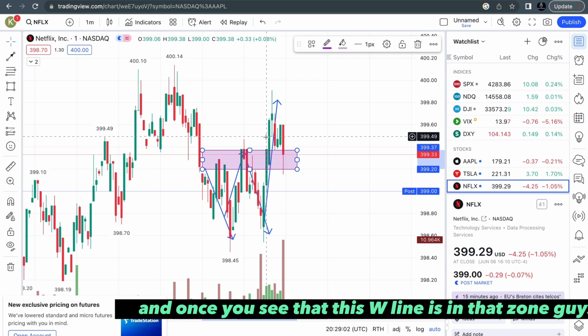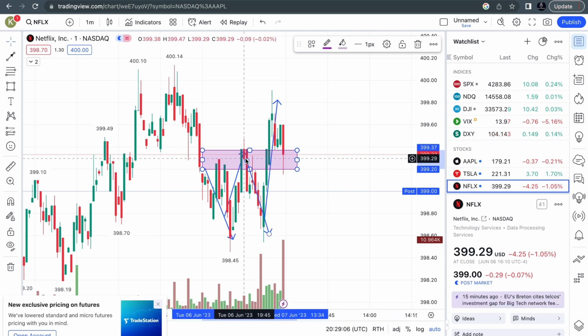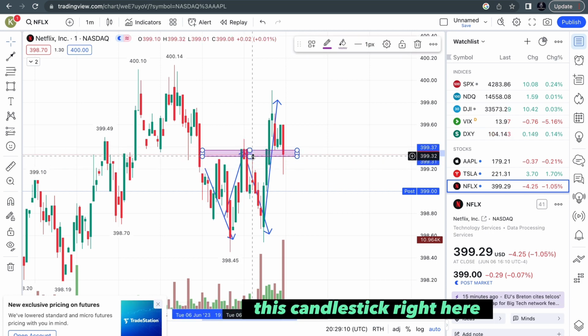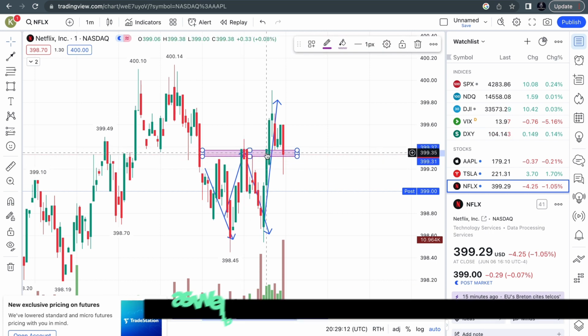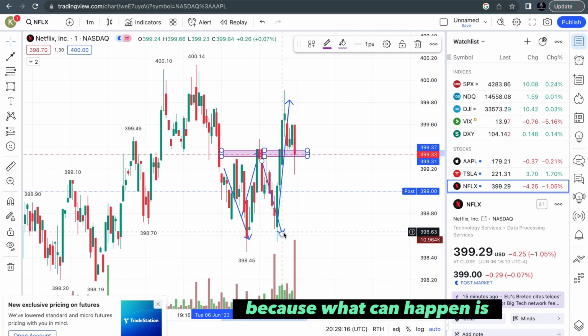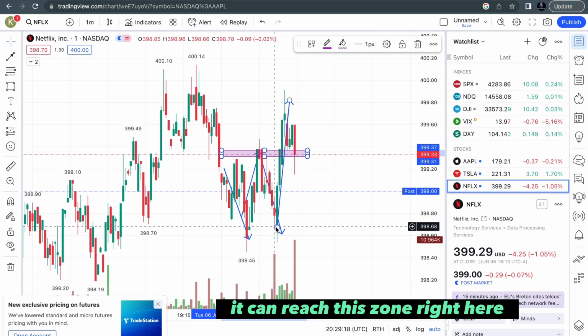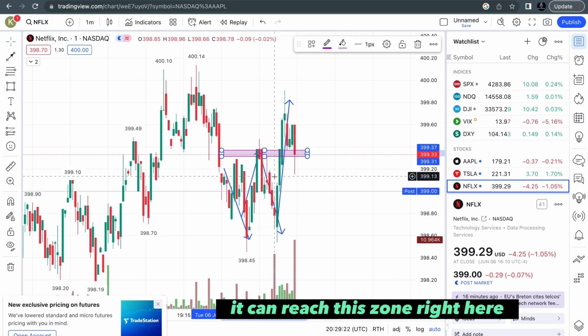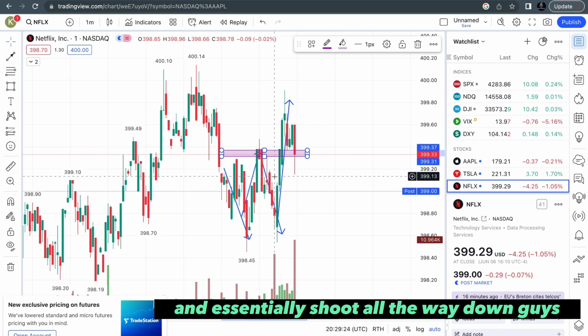And once you see that this W line is in that zone, guys, you want to make sure that the next candle, this candlestick right here, is going to be going up as well before you trade your next up position, because what can happen is it can reach this zone right here, let me just shorten it out a little bit, and essentially shoot all the way down, guys.